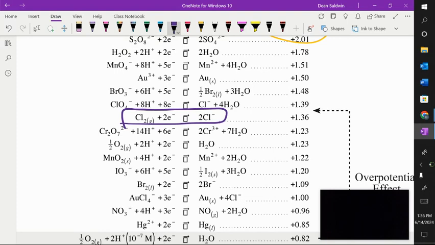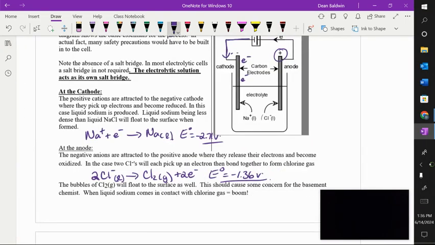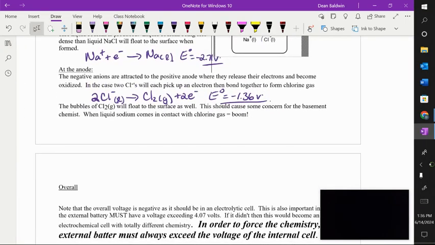We're flipping the chlorine to write 2Cl goes to Cl2 gas plus 2 electrons, and when you flip it, it becomes negative. That's why the overall reaction here is sodium plus 2Cl minus goes to sodium liquid plus Cl2 gas, which has an E naught. Add those together and you get negative 4.07.